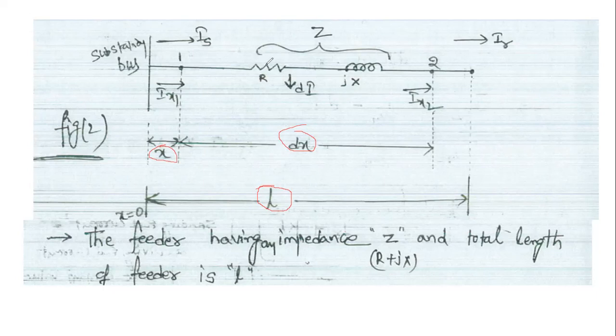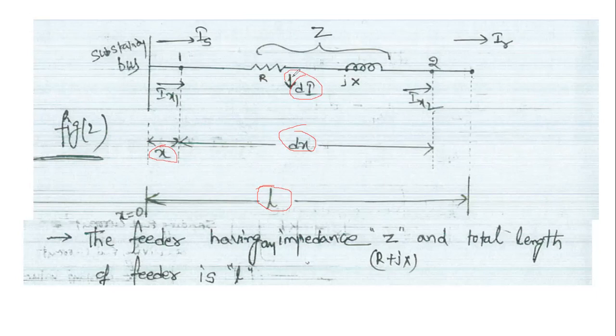In the feeder line, we have the resistance and the reactance, that is R and X. At that point, the current is Di.